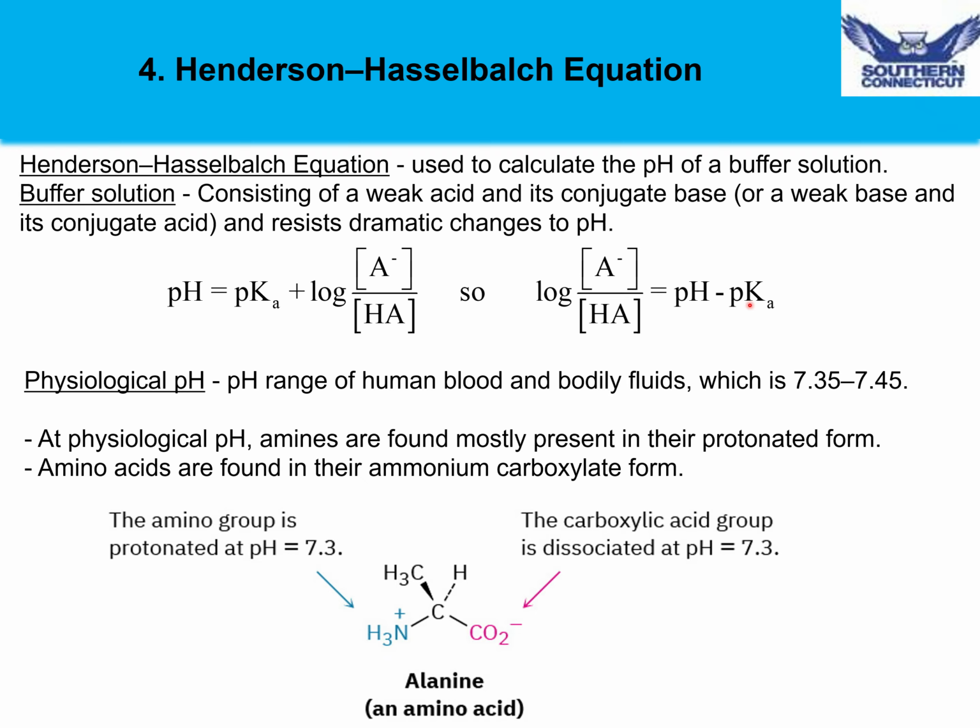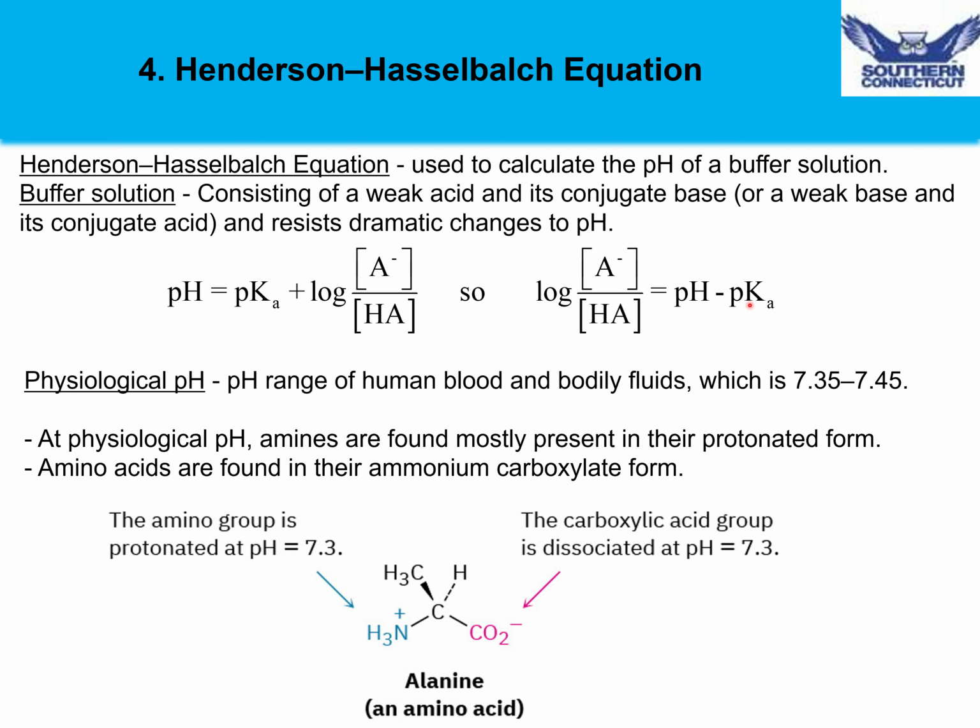Note that the physiological pH is typically around 7.4. So it ranges between 7.35 to 7.45, which is the typical pH of human blood as well as other bodily fluids.